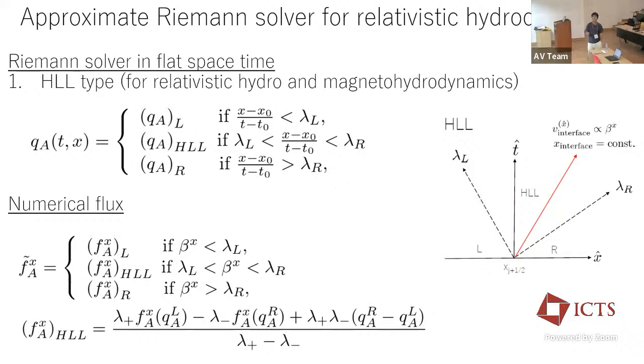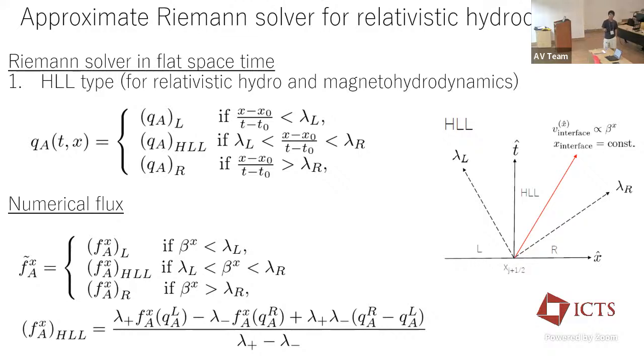And in the center case, in a schematic picture like this, if you have lambda L and lambda R, and if you drag something like this, the next solution is given by these equations. The other case is if the interface drag velocity is greater than lambda R, if this red curve becomes something like this, it should be the right state. So this numerical flux naturally takes into account the frame dragging effect, or general relativistic information.